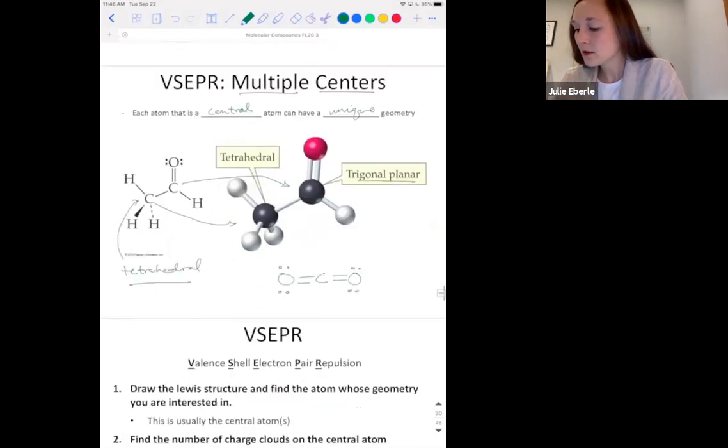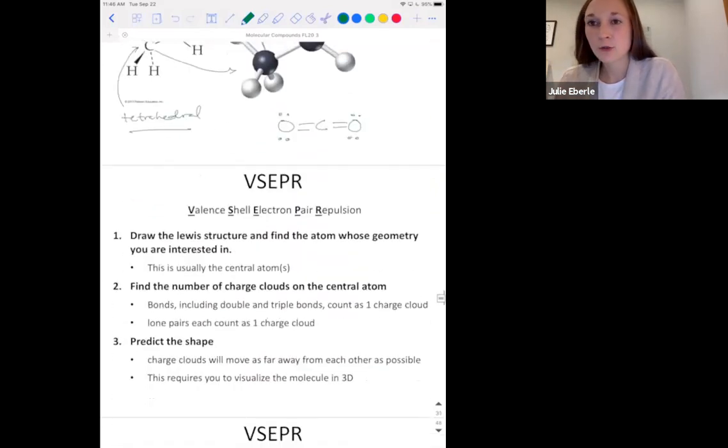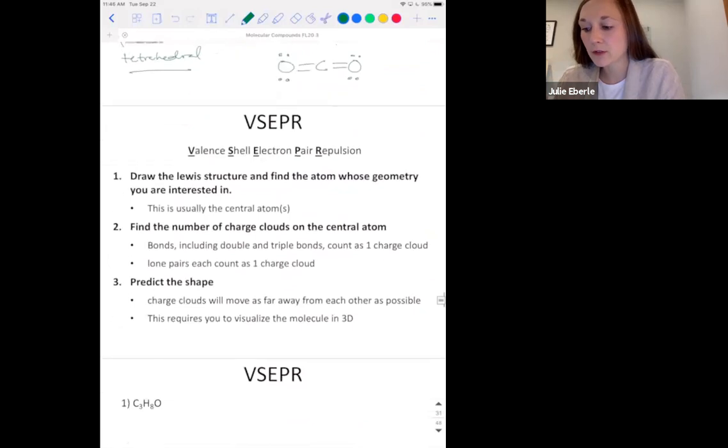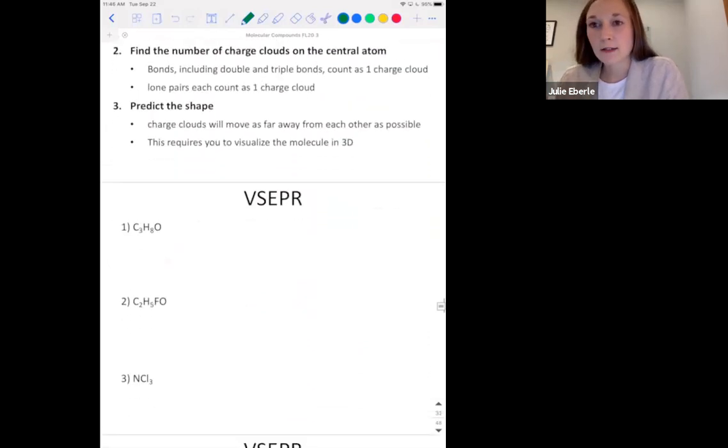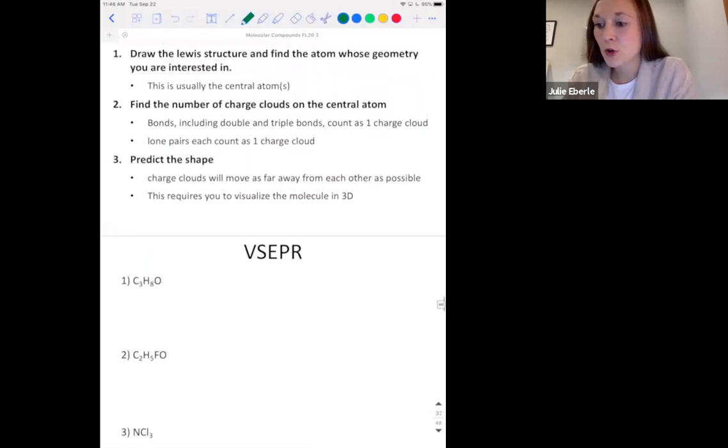Okay. So I put these rules here again for us to reference. It's all filled in. We're going to do some practice. So get some paper out, grab a pencil. First things first, rule number 1, you draw the Lewis structure, and then I want you to name the geometry for the central atoms. If you need to refer to that table several slides back, it's also in your textbook.